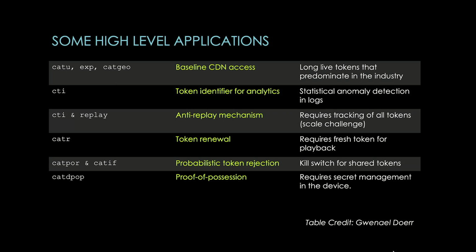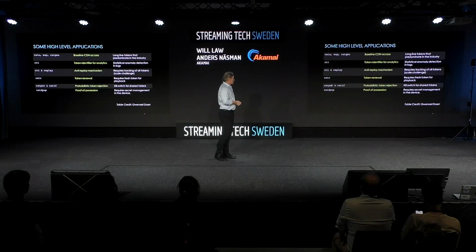Now, every token can have an ID, so the obvious way to stop them being reused is that every time an edge server validates the token, it registers it in some central database. But if you've got 10 million people for a large event all registering, you have a real scale problem with that database. So there are some other interesting solutions here. CatPoor, which is not a poor cat, it's probabilistic rejection.